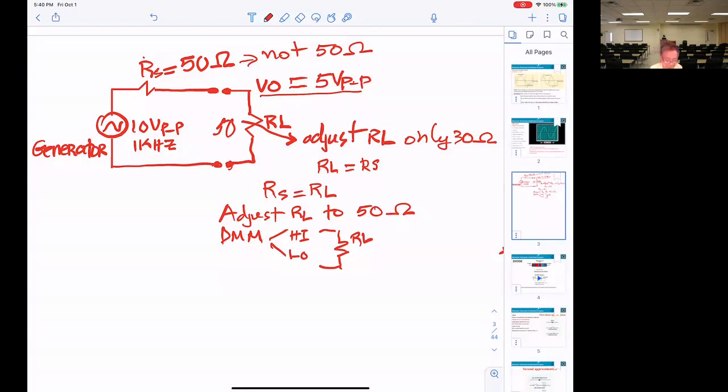Okay, you adjust until you get 5 volt. Whatever value of the RL will be the same as the RS. The reason the RS inside the generator is not correct, why?